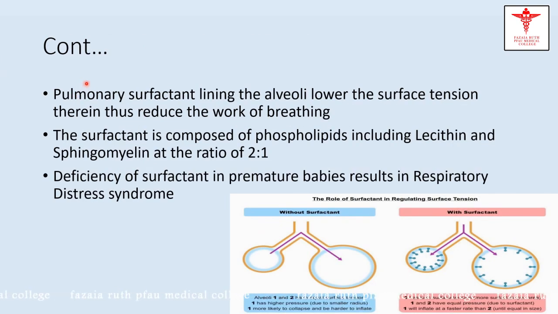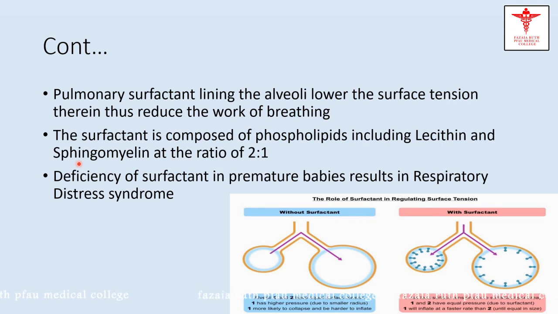Another example of a biosurfactant is the pulmonary surfactant lining the alveoli. This surfactant lowers the surface tension in the thin alveolar fluid film, and as a result there is reduced work of breathing. It is synthesized by type 2 pneumocytes in the lungs and is composed of phospholipids, which include lecithin and sphingomyelin at a ratio of 2:1.